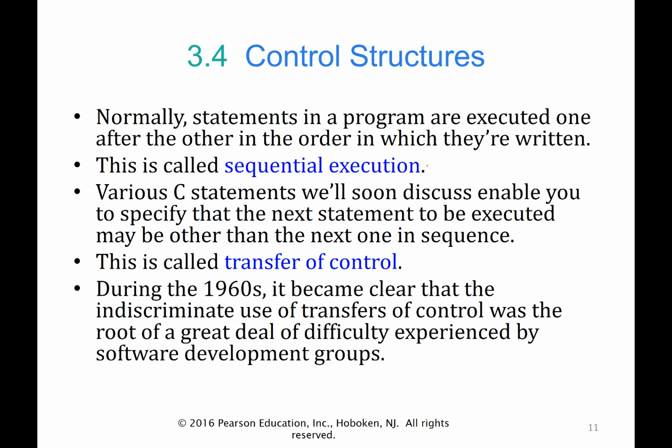99% of the code that we write as programmers is sequential code. It does one line at a time. Now we may transfer control, call a subroutine, and transfer the code.